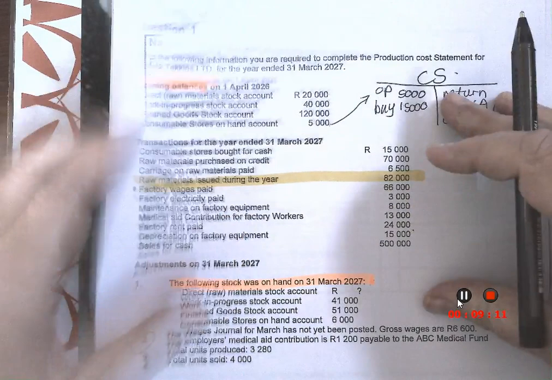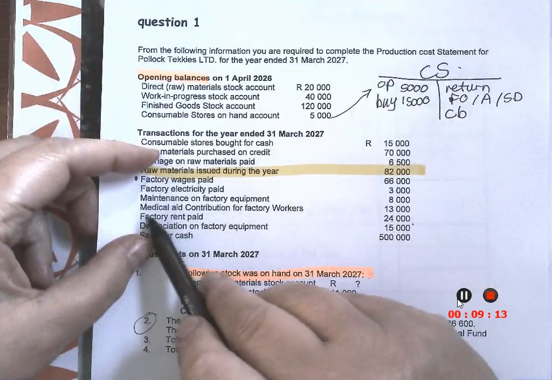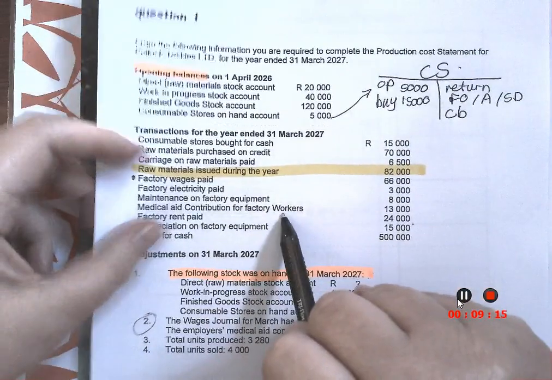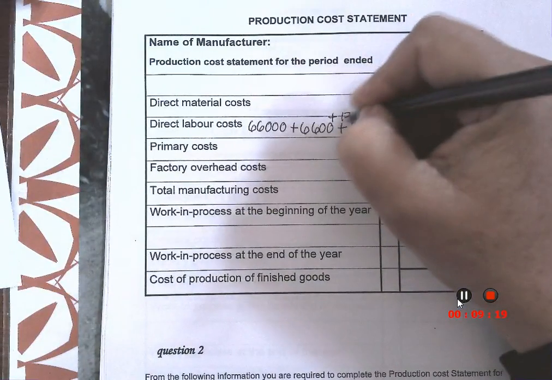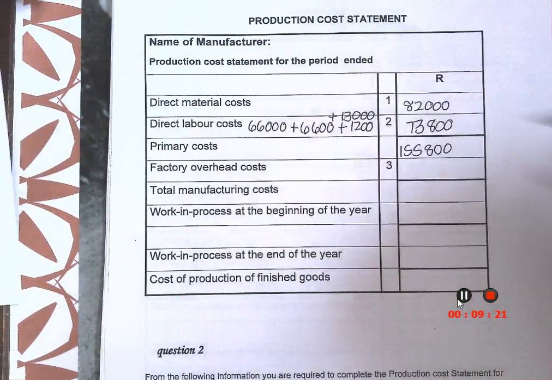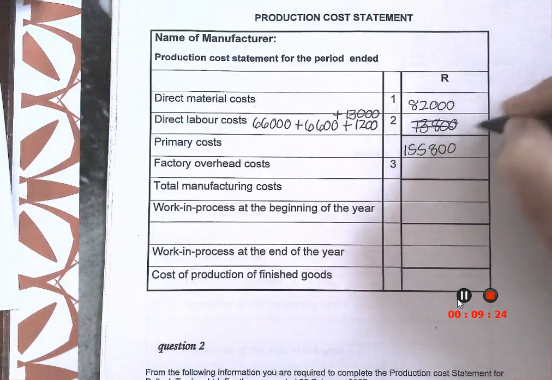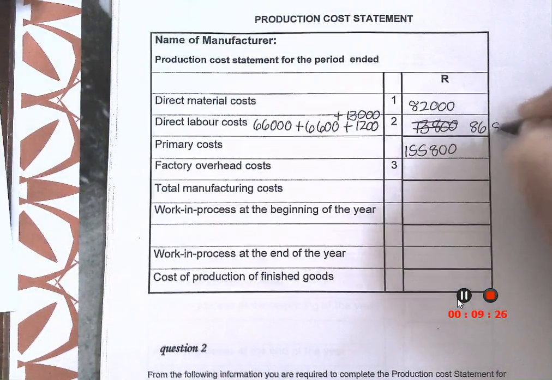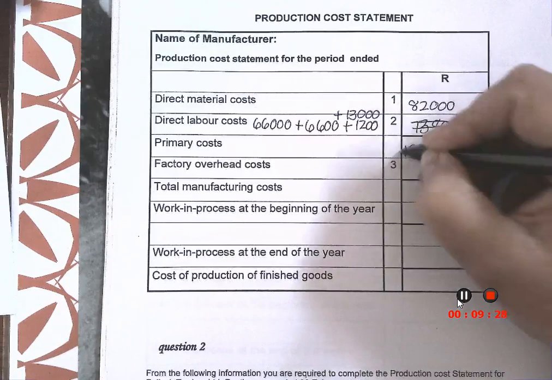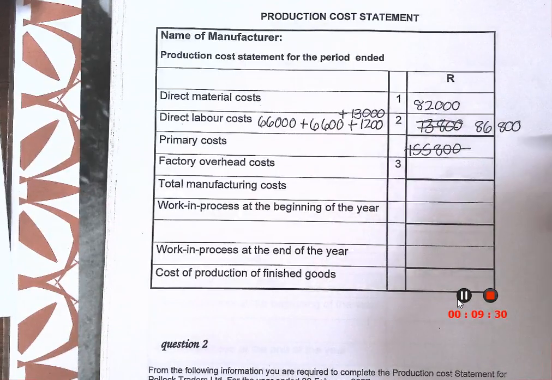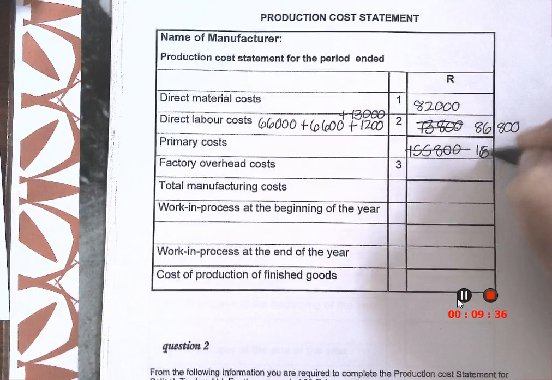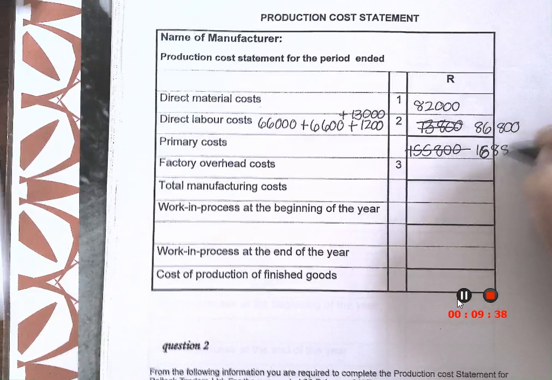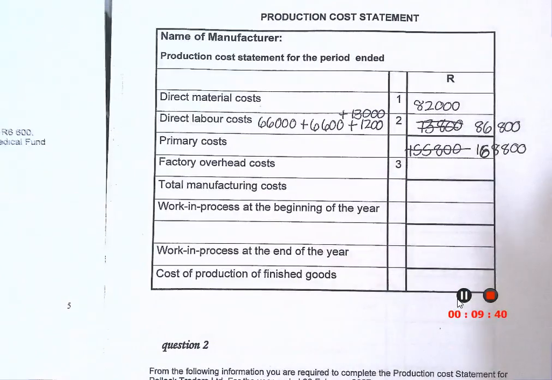Can you see here is medical contribution? So I should have added the 13 there also. So this is actually 86,800, and this then gives me 158. Isn't it 168? Thank you. Okay, sorry about that.